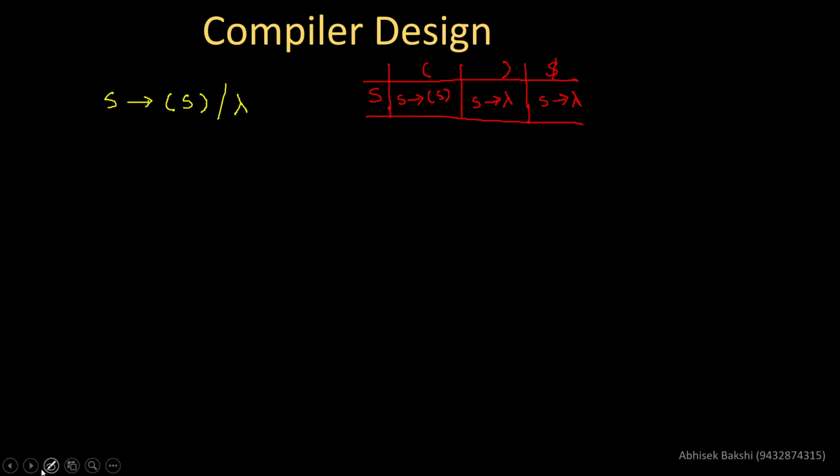Now assume that we have a string W that looks something like this: opening brace, opening brace, closing brace, closing brace. And we all know that it has to be followed by a dollar.